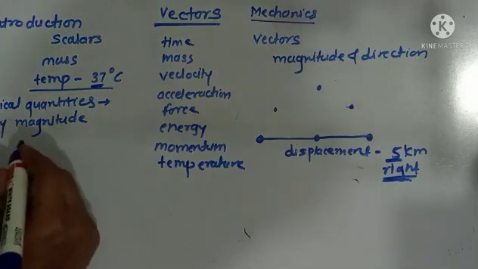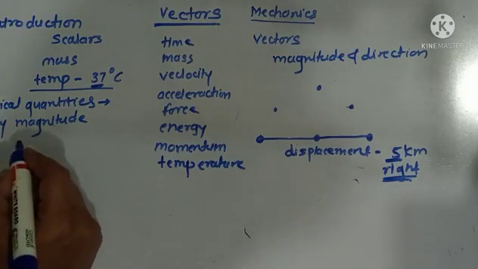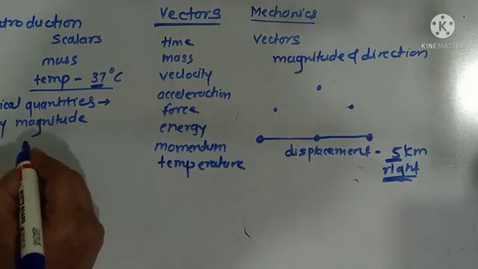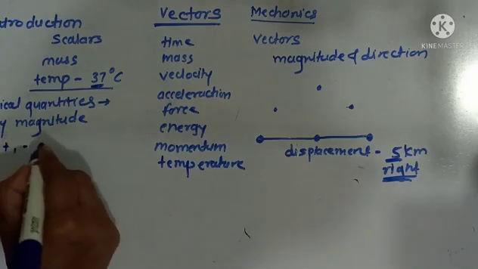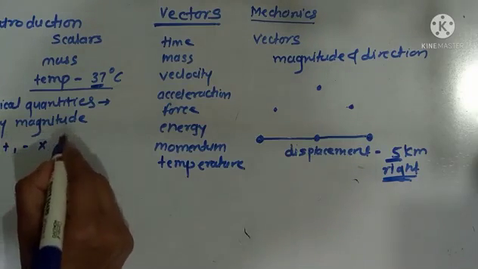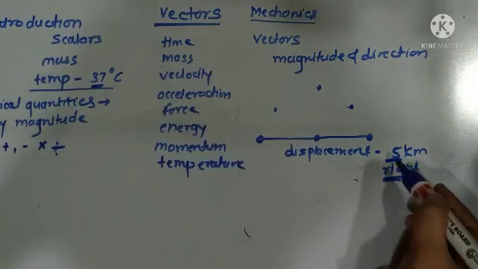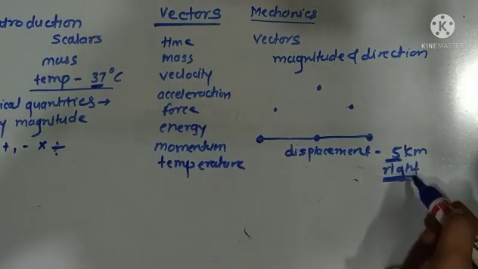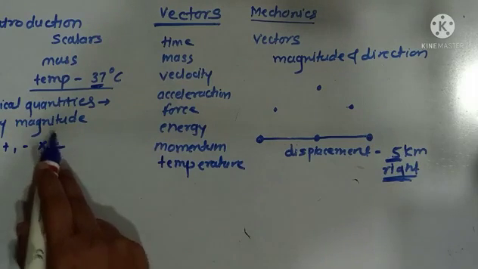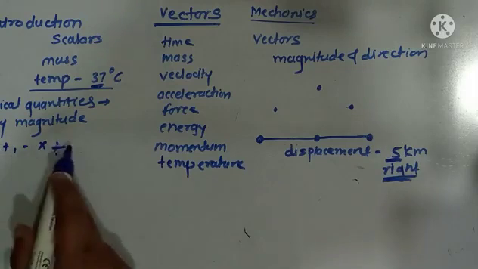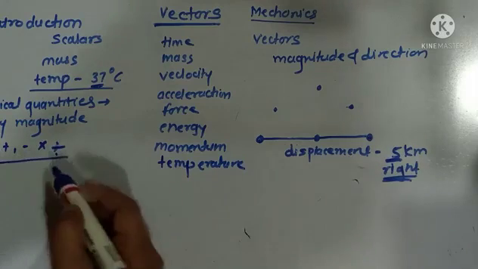Scalars can be added, subtracted, multiplied or divided using our day-to-day mathematical operations. But vectors, as they have magnitude as well as direction, cannot be added directly using these normal operations.